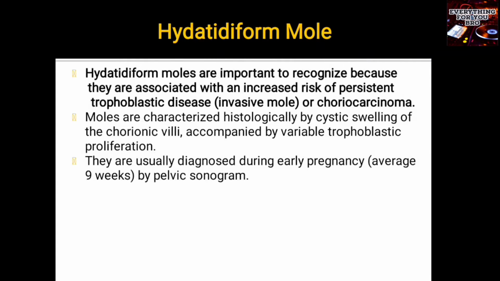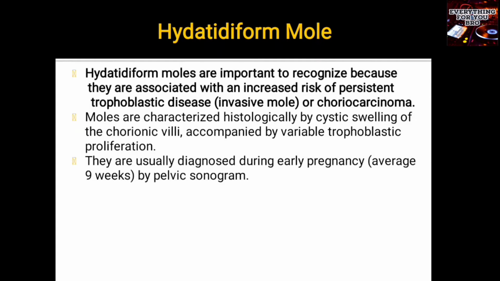As I told you, grape-like vesicles will be there. These vesicles contain fluid; they are nothing but the dilated villi. That you need to remember. And the second thing is there will be trophoblastic proliferation. These two are basic requirements to call it a hydatidiform mole. They are usually diagnosed during early pregnancy.